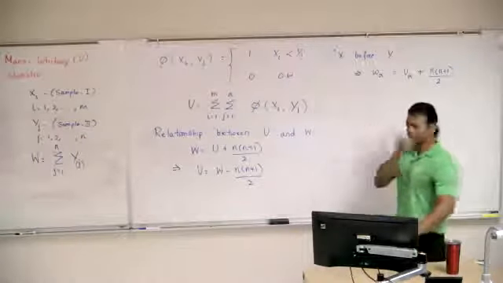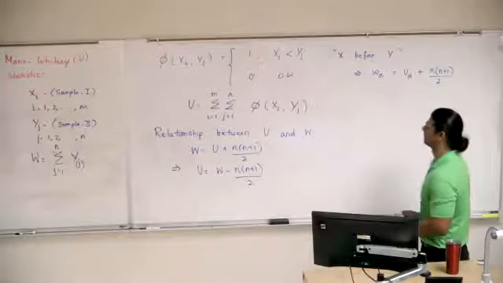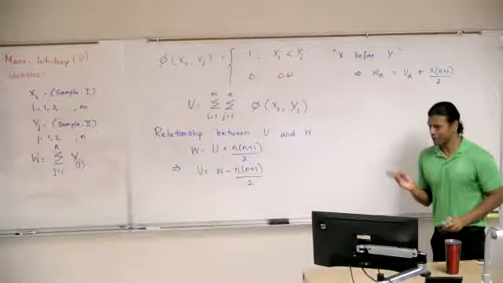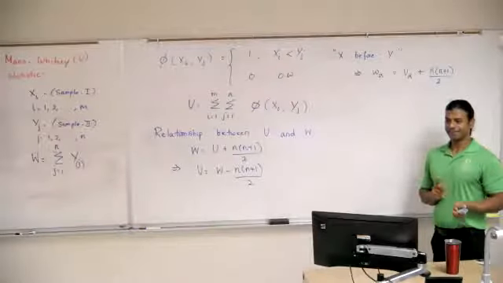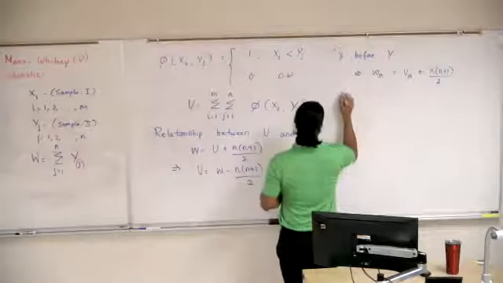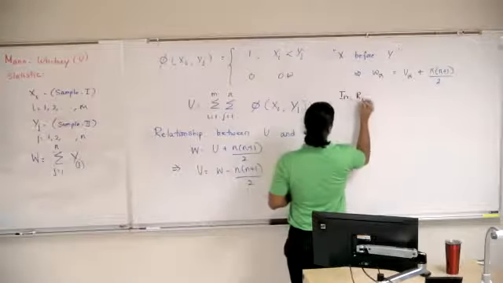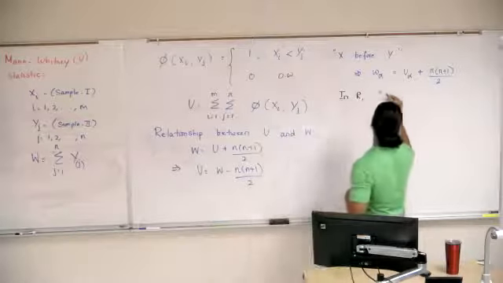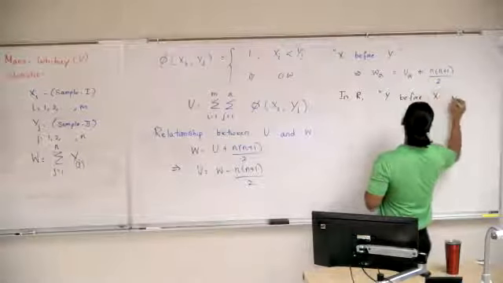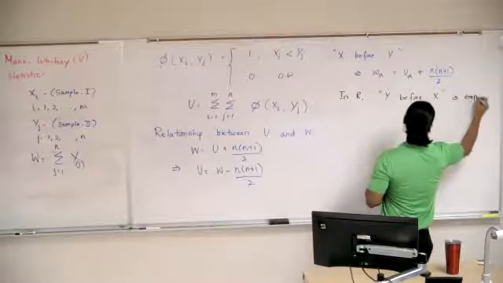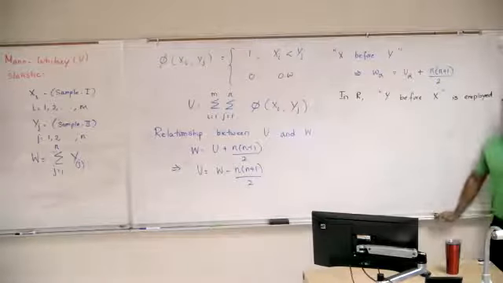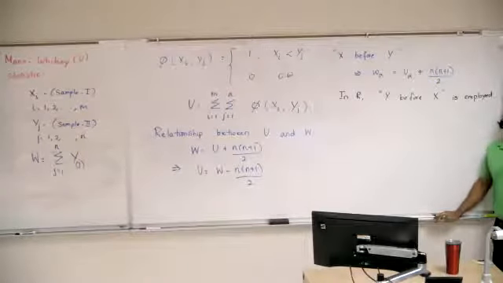Blame the person who wrote the program in R. When the person wrote it, they didn't do X before Y, they did Y before X. So if you want to use R, Y before X is employed.